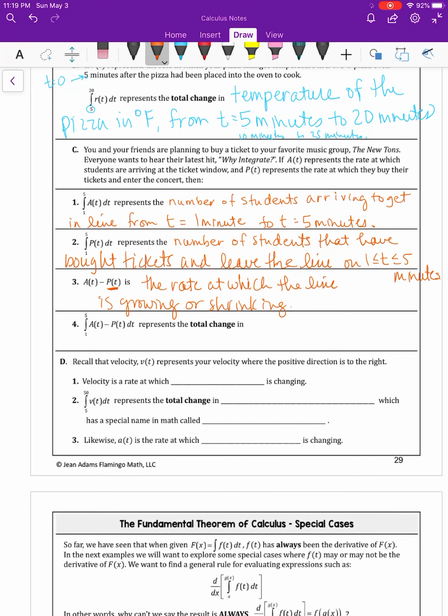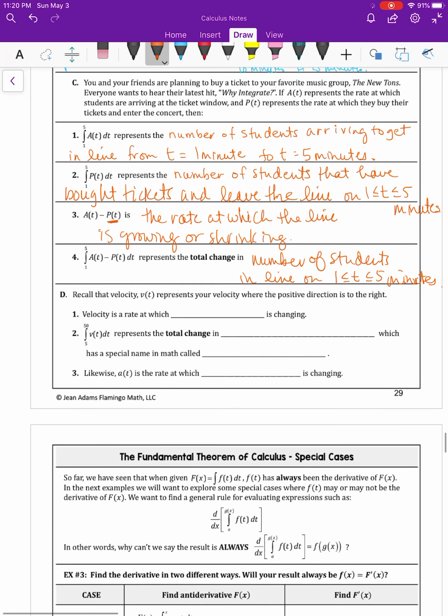And then the integral from 1 to 5 of a of t minus p of t dt represents the total change in the number of students in line on that 1 to 5 minute interval.